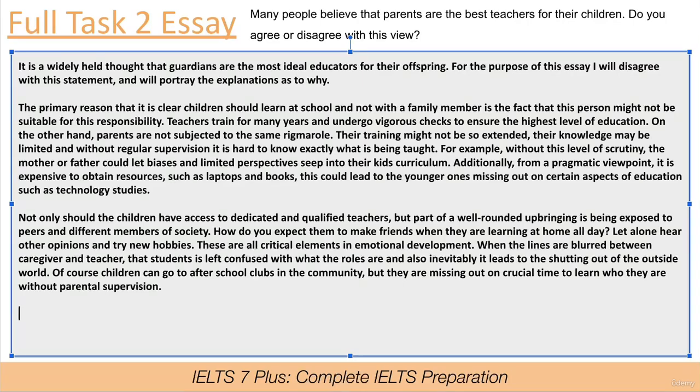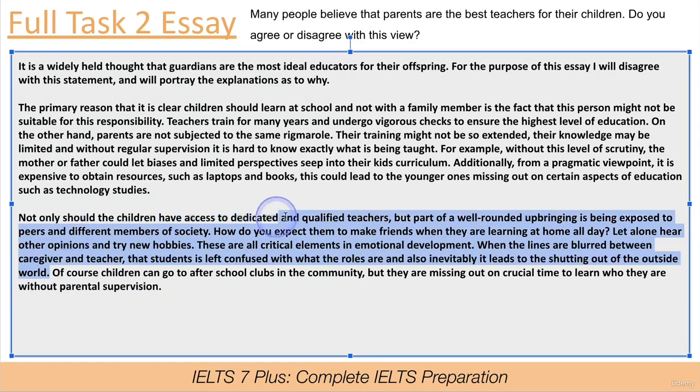Let's read this back and see how we're feeling. Not only should the children have access to dedicated and qualified teachers, but part of a well-rounded upbringing is being exposed to peers and different members of society. How do you expect them to make friends when they are learning at home all day, let alone hear other opinions and try new hobbies? These are all critical elements in emotional development.